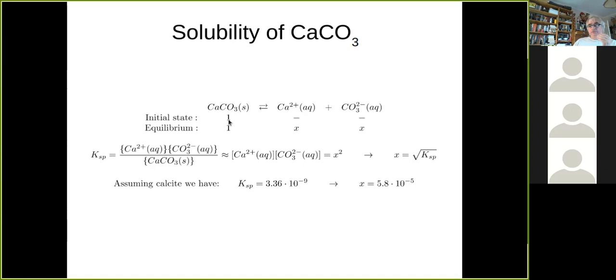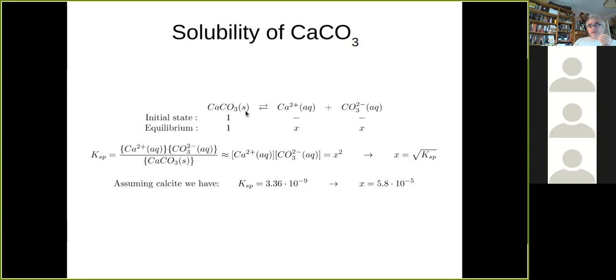Why is it a number 1 here? Anyone with a clue? Solids are usually assumed to not play a role in the equilibrium as they are there in very big amounts compared to the ions.